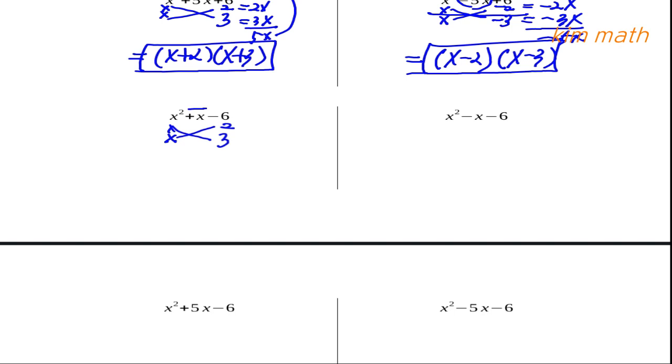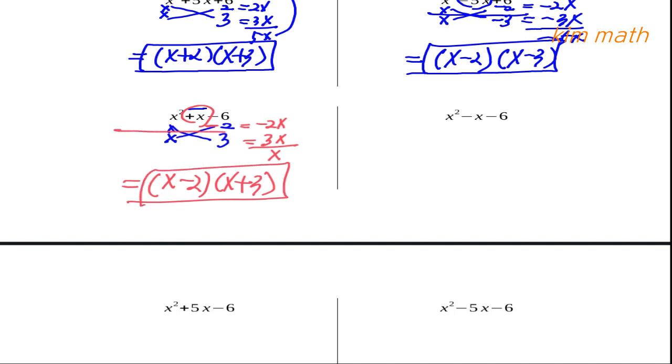You have a negative 6, which means one of these two numbers must be negative, and the sum must be positive 1x. So it is reasonable to make a negative 2 here, because this is a negative 2x, this is a positive 3x, now the sum is x, right, here. So the factoring result will be x minus 2, x plus 3.